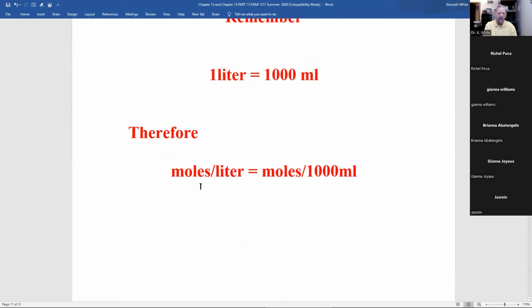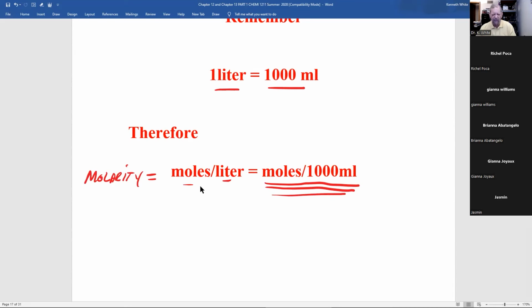Therefore, molarity, which is equal to moles per liter, since 1 liter equals 1,000 milliliters, this is the important thing. And molarity is moles per 1,000 milliliters.